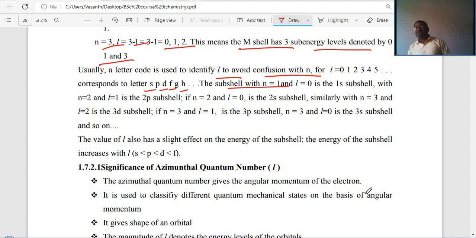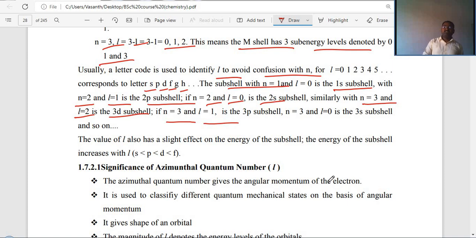The subshell with n equal to 1 and L equal to 0 is the 1s subshell. With n equal to 2 and L equal to 0 is the 2s subshell. N equal to 2 and L equal to 1 is the 2p subshell. N equal to 3 and L equal to 2, that is what? The 3d subshell. And n equal to 3 and L equal to 1 is the 3p subshell.